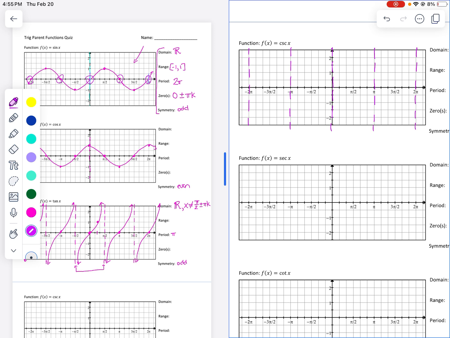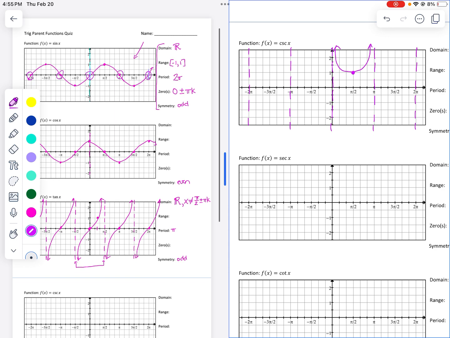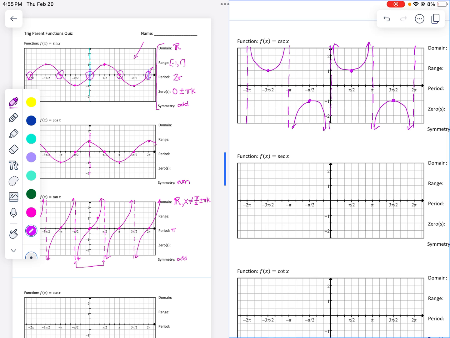Anywhere sine has a maximum of 1, the reciprocal of 1 is also 1. That tells us this is going to be where we have one of our upward facing u's. Anywhere sine has a minimum of -1, its reciprocal is also -1. This tells us this is where we're going to have our downward facing u's. And this is enough for us to graph our cosecant function.